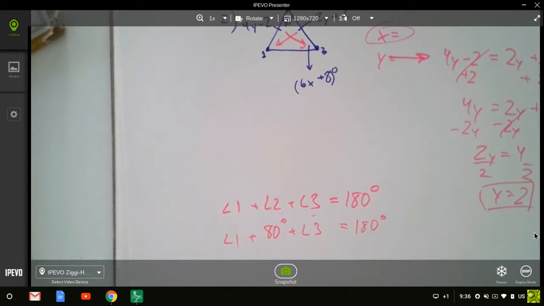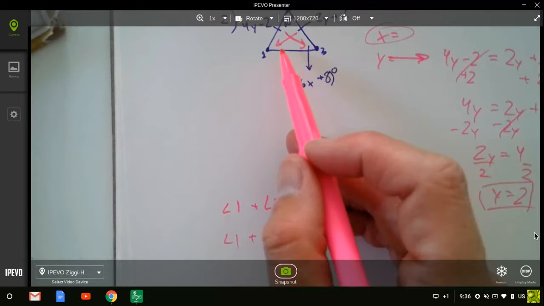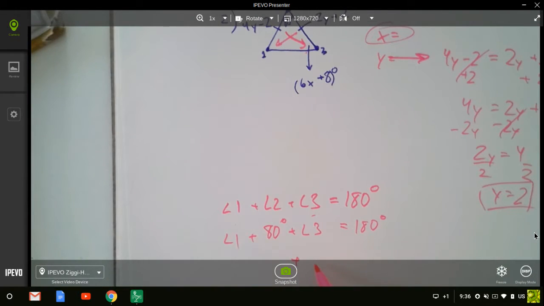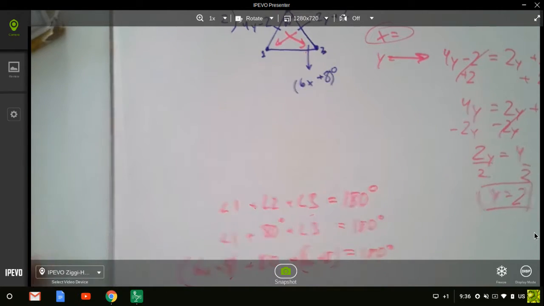Now what should we do? Yes, Matthew. Can't you substitute angle 1 and angle 3 for 6x plus 8? Yeah, because we know that these two angles are the same. We know that angle 3 is 6x plus 8. But since they're the same, angle 1 should also be 6x plus 8. Little trickery right there. Okay, plus 80 is 180.